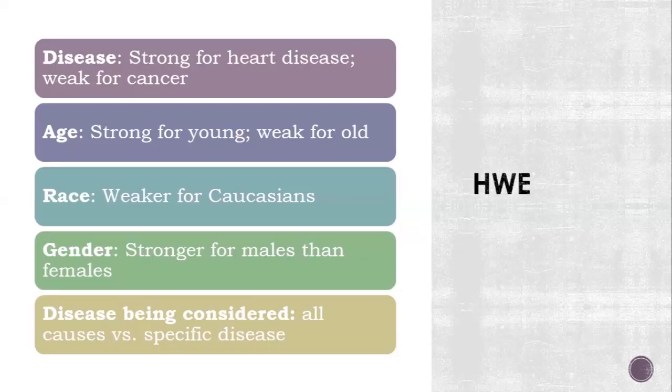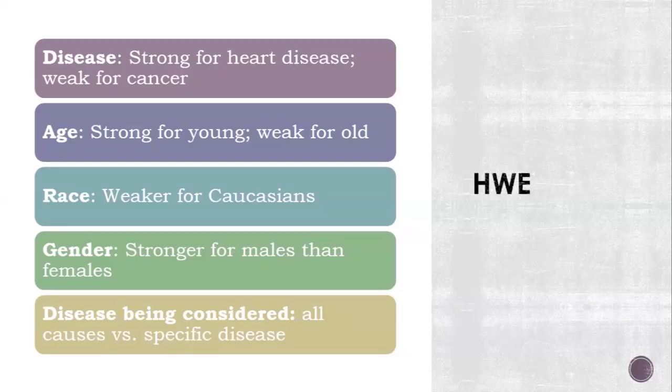So for the healthy worker effect to be strong for a disease, it means that for that particular disease, far fewer workers are dying than in the general population. And when we say it is weak, we mean that the number of people dying in the world of work compared to the general population is much closer.